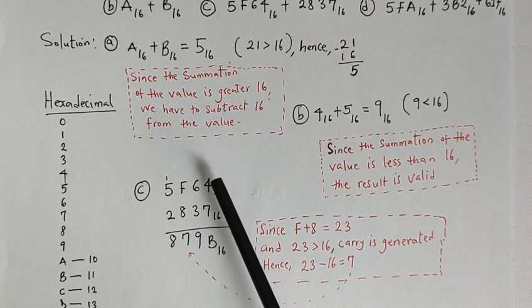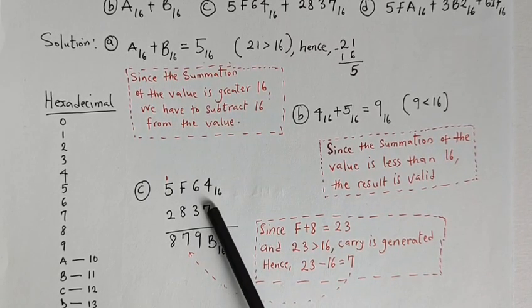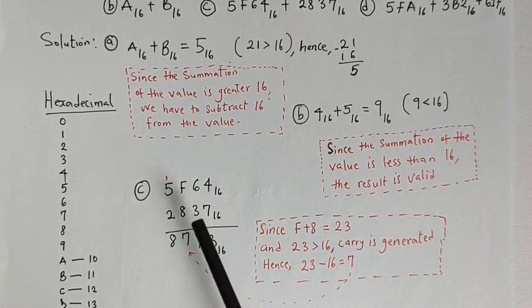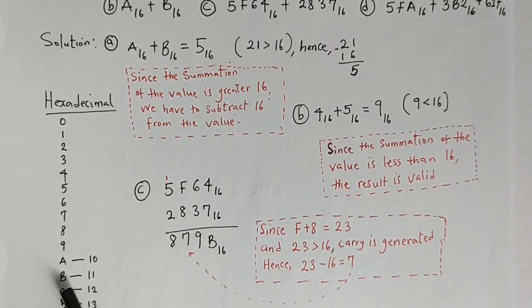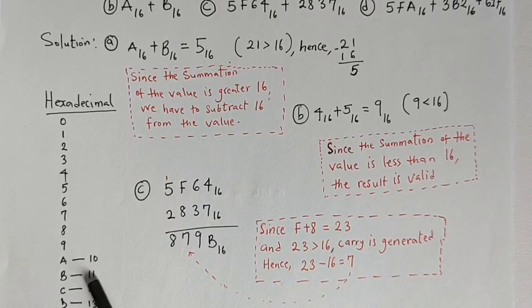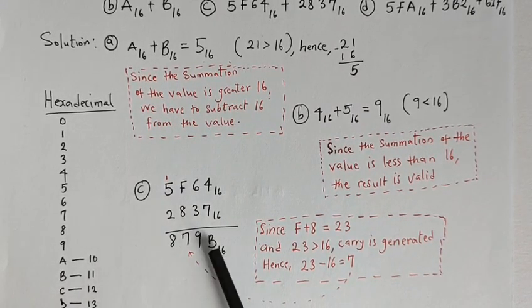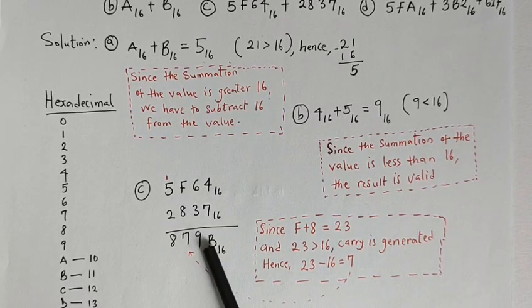If you notice, 4 plus 7 is going to give us 11. So you don't write 11 directly. All you need to do is find the equivalent of 11 in hexadecimal. B is equal to 11. So we write B instead of 11 because this is the hexadecimal number system.